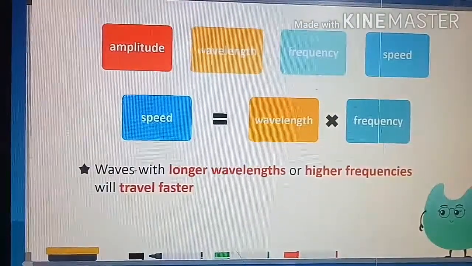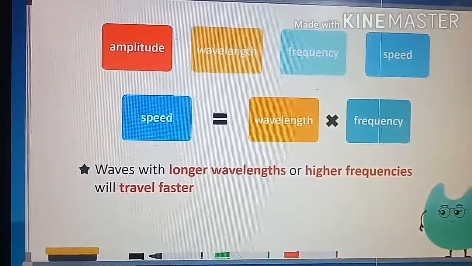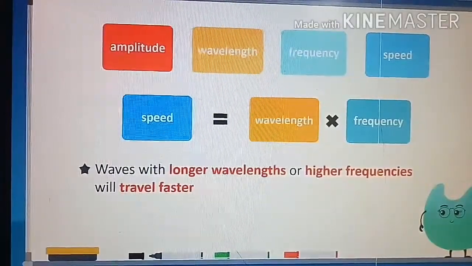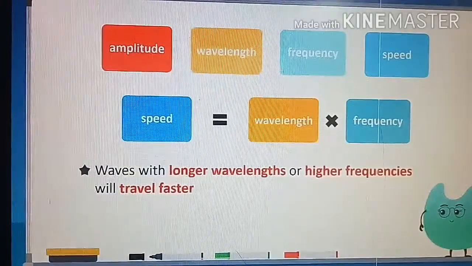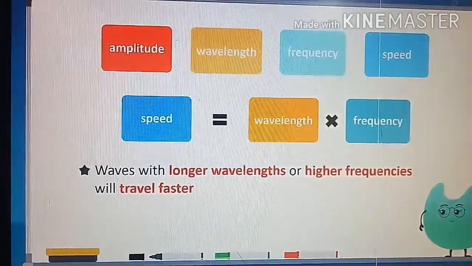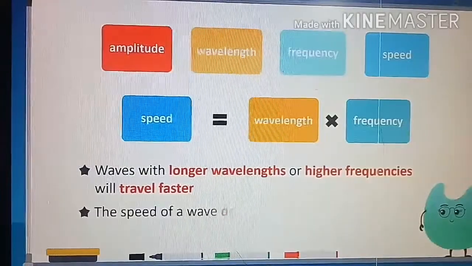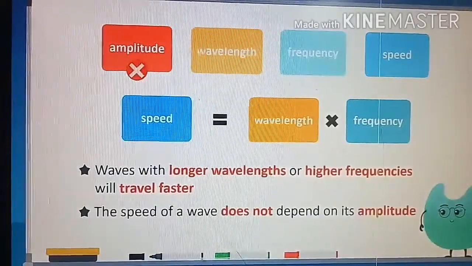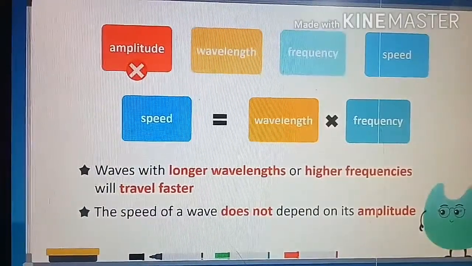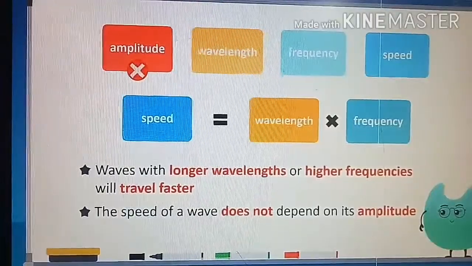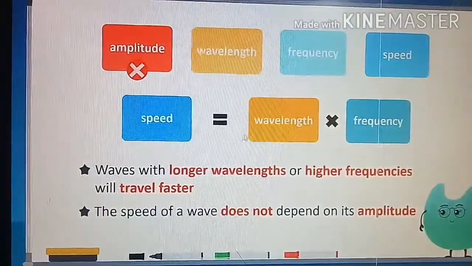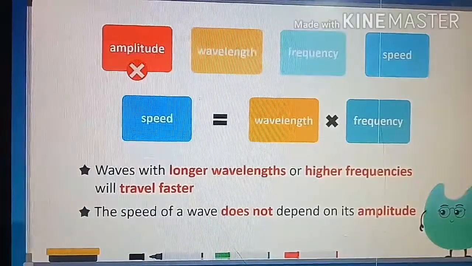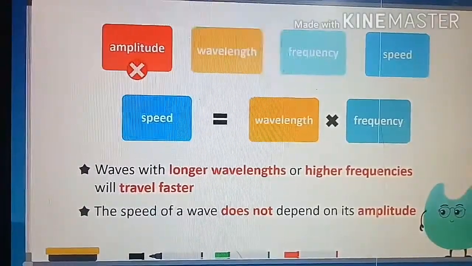So it is very clear that waves with longer wavelengths or higher frequencies will travel faster. Keep in mind, the speed of a wave does not depend on its amplitude. Look at that, there is no amplitude here. So the speed of sound never depends on amplitude.